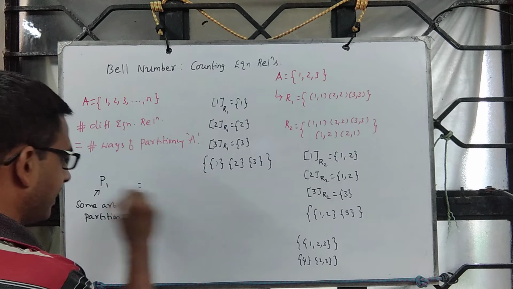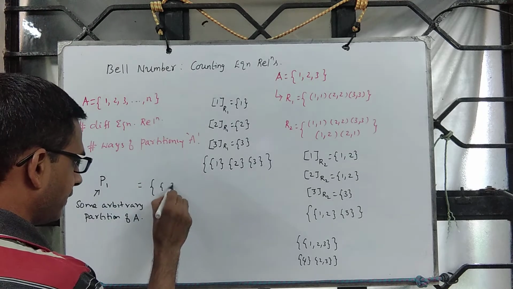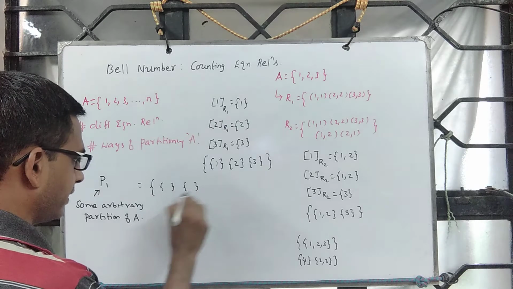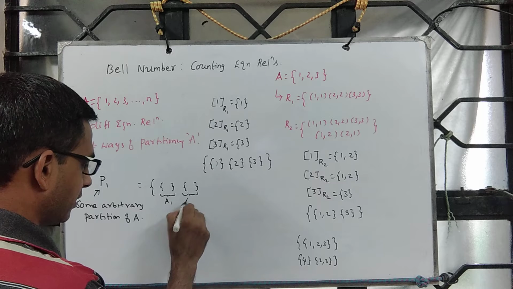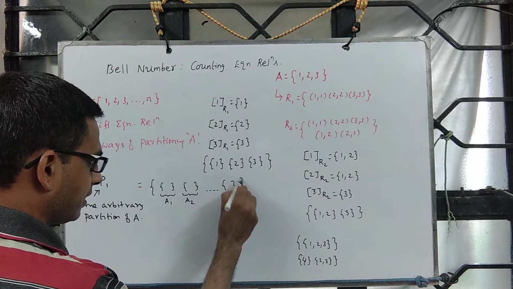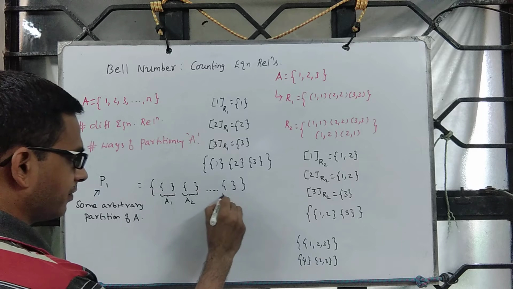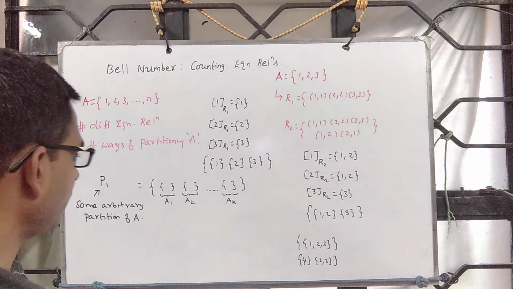Say you have some subsets, let me call this A1, this A2, and so on. Some number of subsets will be there, say k of them.